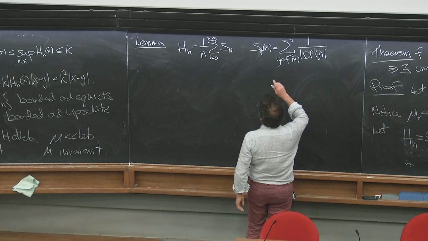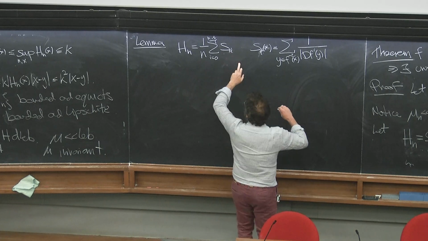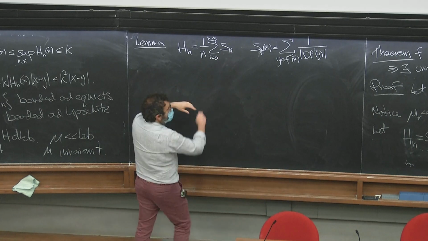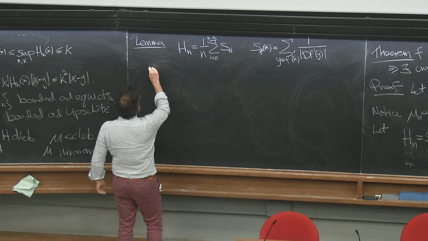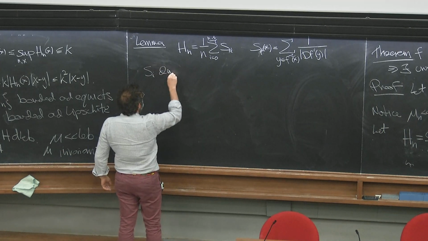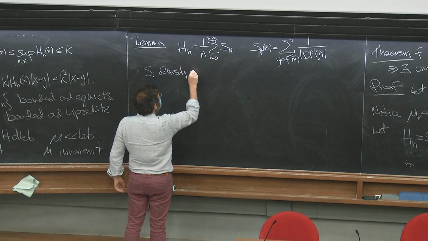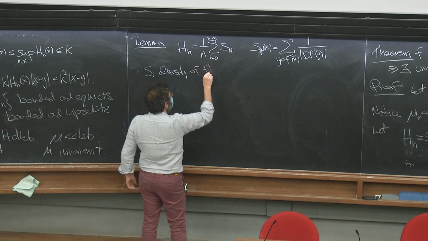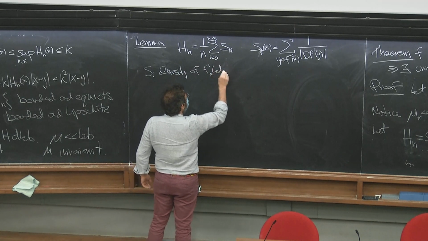So what we're saying, and also we have that this Si is the density. So Si is actually the density of Fi star of Lebesgue, right?